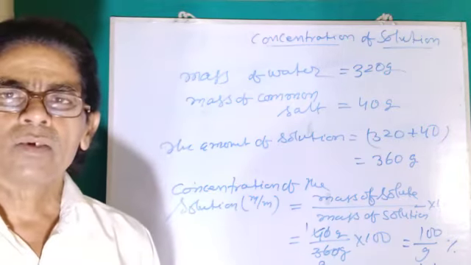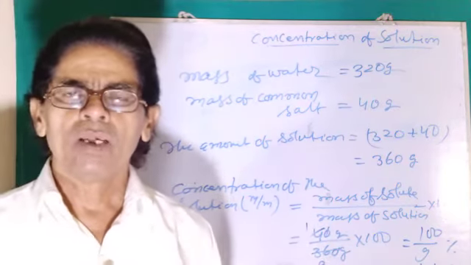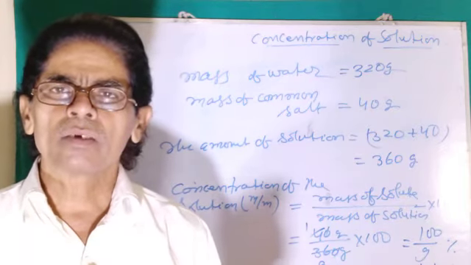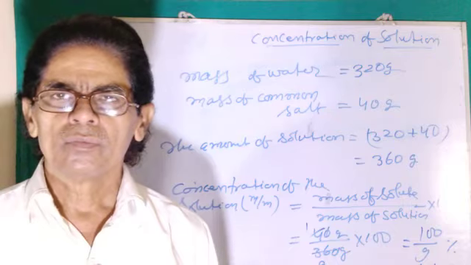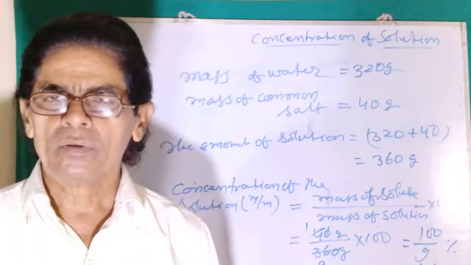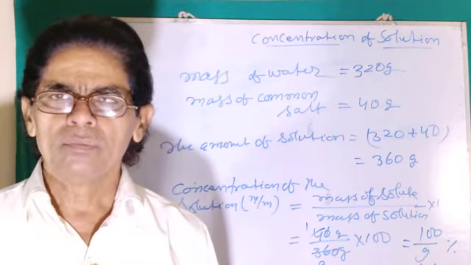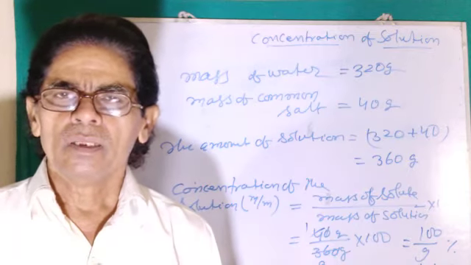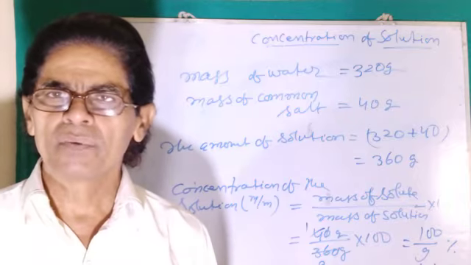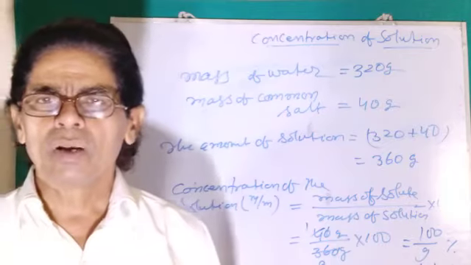Now, what are the characteristic features of a colloidal solution? Let us have a look here. Colloidal solutions are stable solutions. Stable means when colloidal solutions are left undisturbed for a longer period of time, even then their particles do not settle at the bottom like a suspension.